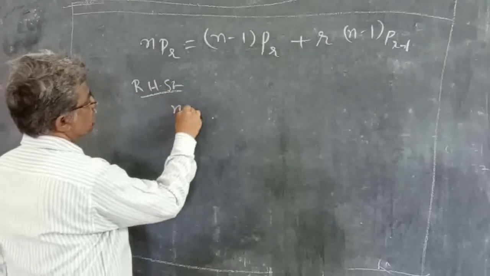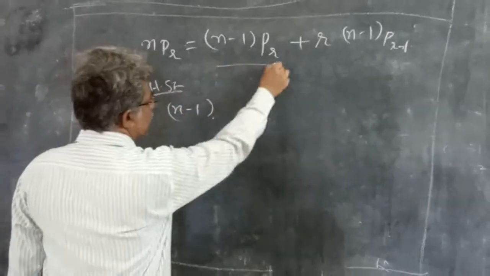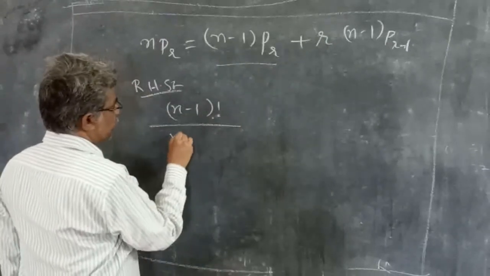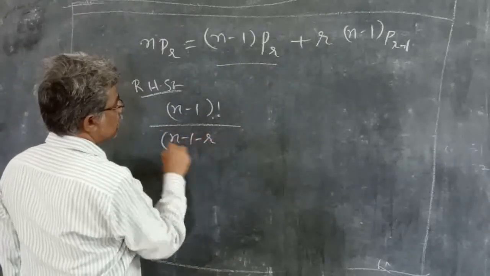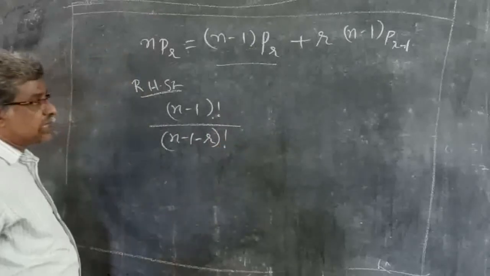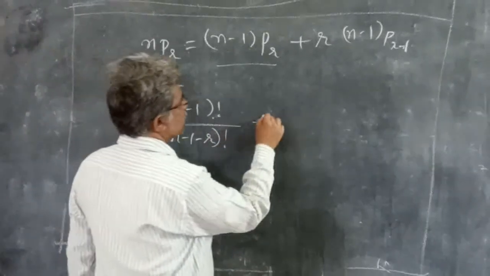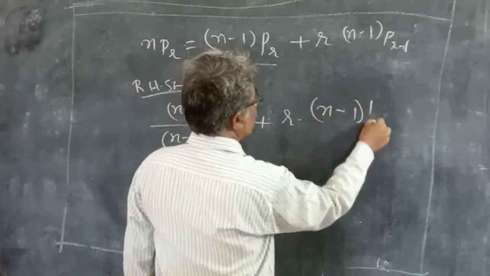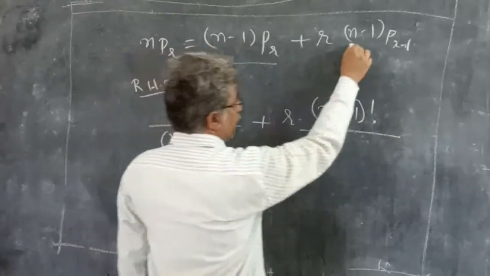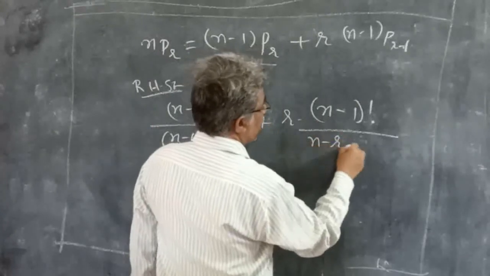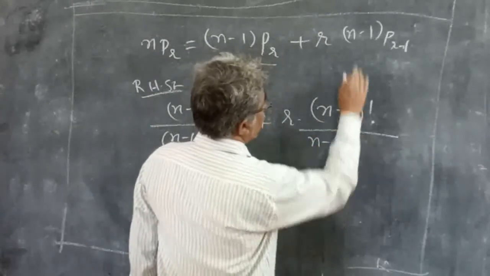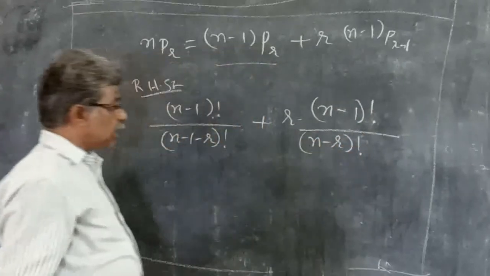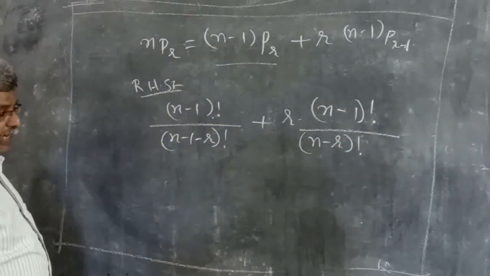So n minus 1 P r minus 1 is nothing but n minus 1 factorial by n minus 1 minus r minus 1 factorial, that is n minus r factorial.